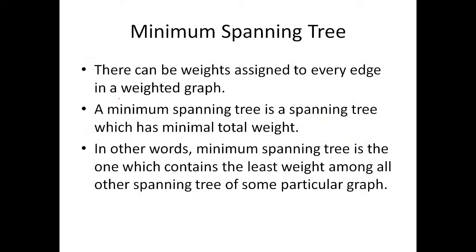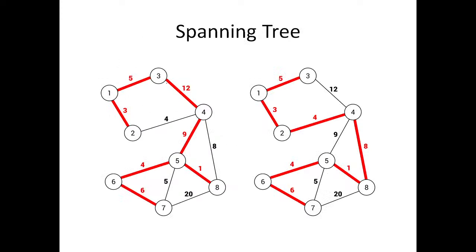Next, minimum spanning tree. In case of a spanning tree, we have to consider the total weight of the spanning tree. The weight of the spanning tree is the summation of all the edges in the spanning tree. A similar graph can have more than one spanning tree. These are two copies of the same graph, but the spanning trees are different.